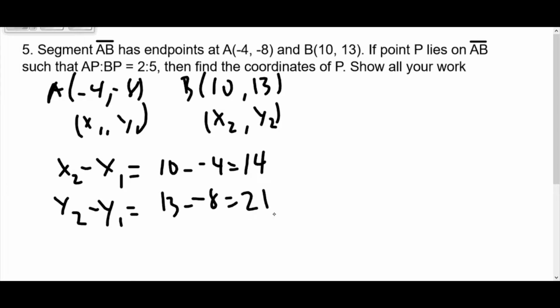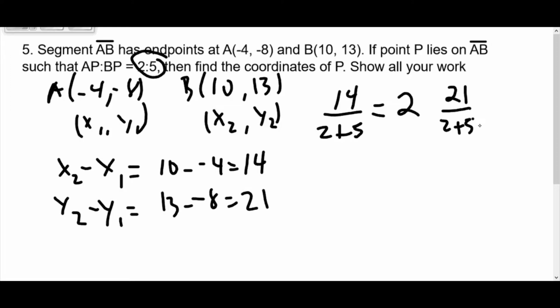We're going to take this change in x and divide by the sum of the ratio 2 to 5. So we take 14 divided by 2 plus 5, and we get 2. And we take 21 divided by 2 plus 5, and that gives 3.